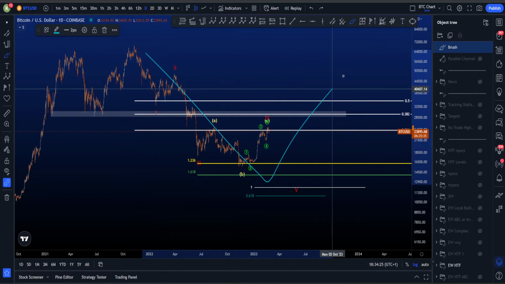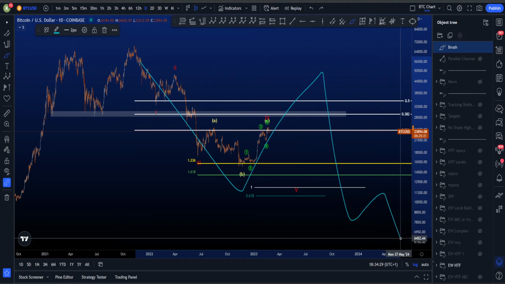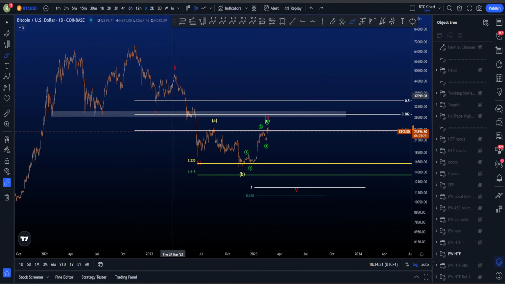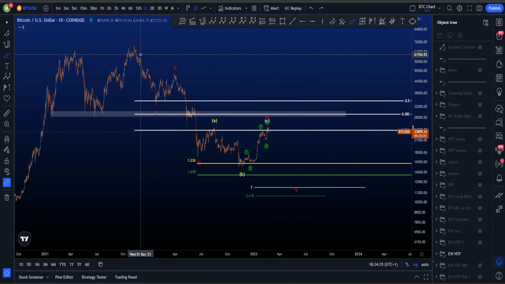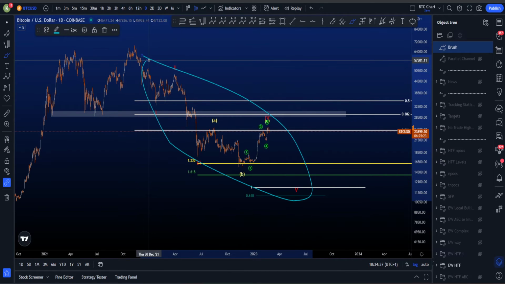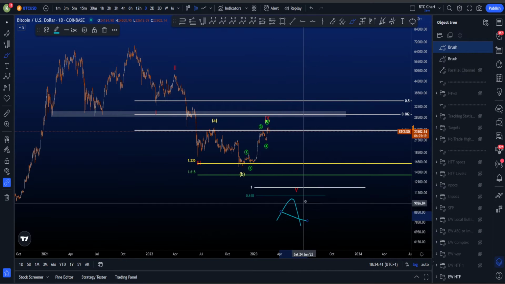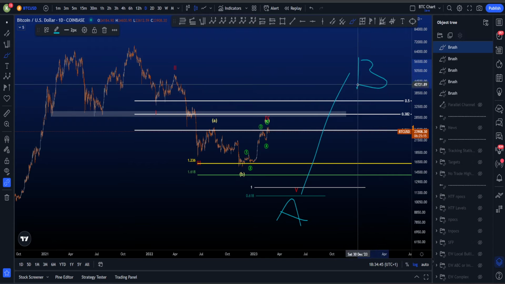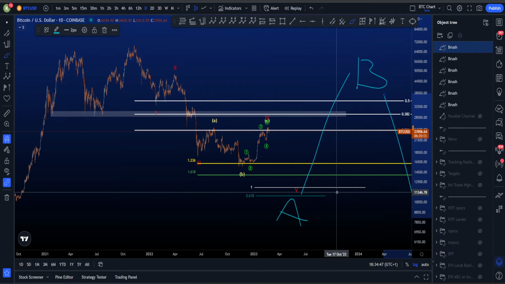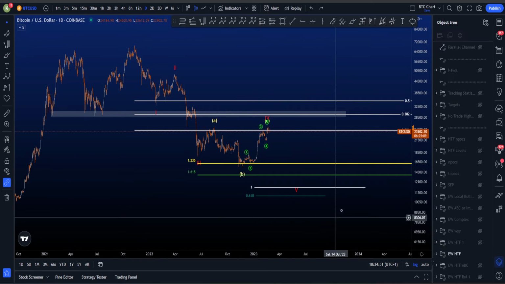It's always a 5, 3, 5, a zigzag, or it's a 1, 2, 3, 4, 5. So in this case, this whole move, these 5 waves, then probably, likely, are going to be an A. Then we have to move up in 3 waves for a B, and then down again for a C.